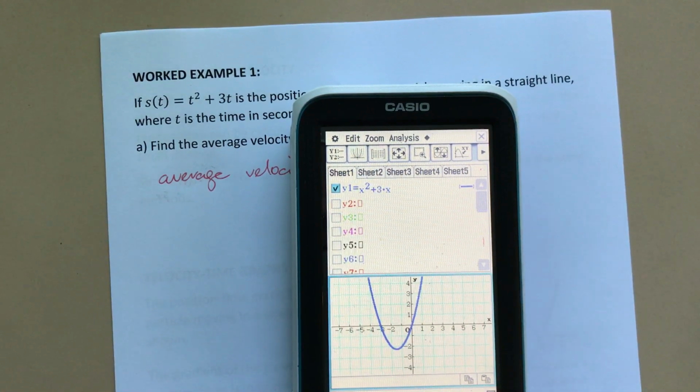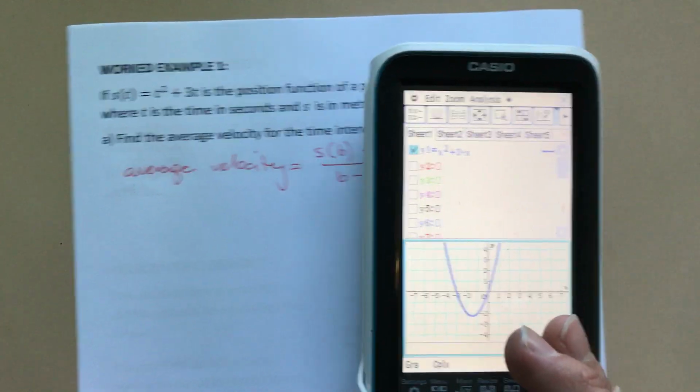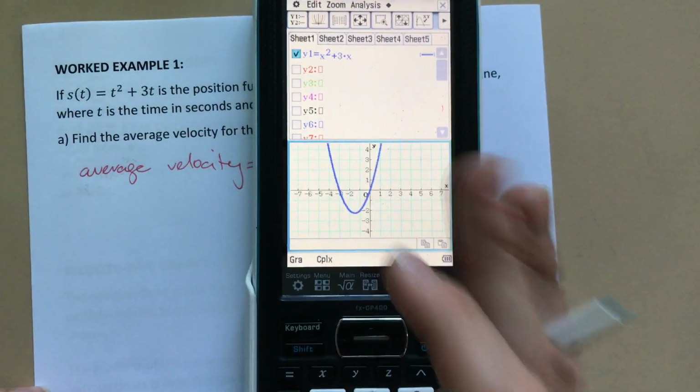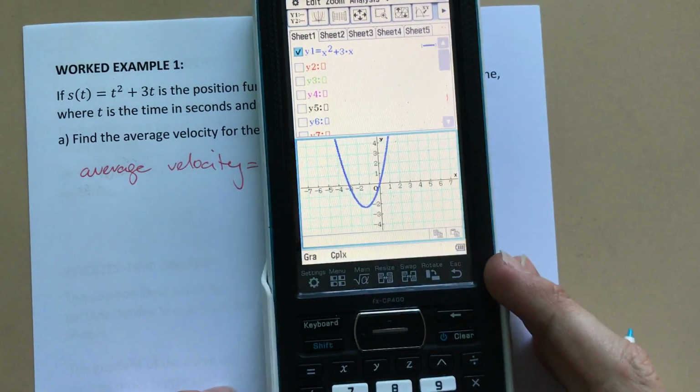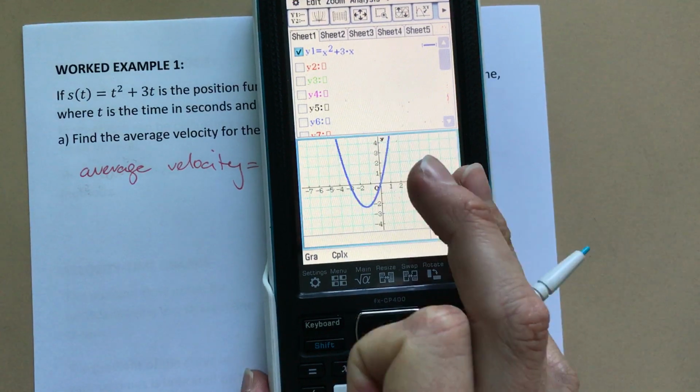Okay, so if we can sketch that particular function in your CAS, what do we notice about this function when we sketch it? What are some key points on our graph? Yeah, intercepts, what are they? -3 and 0. Good.